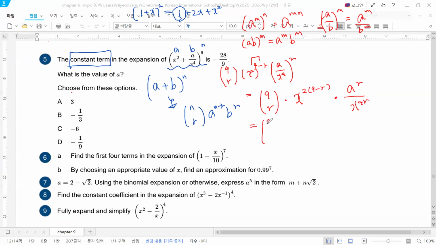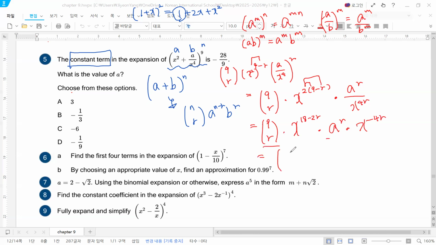And then 9 choose r, x to the power of, let's expand that, 18 minus 2r, times a to the power of r. And if x is in the denominator, by using the negative number, you can express it in an indices form, which is x to the power of negative 4r.